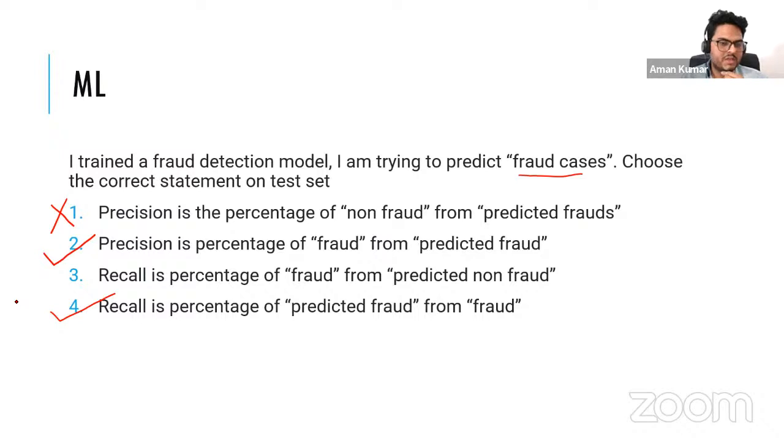3 is correct, Imtiaz is saying, and Imtiaz is saying 4 is incorrect. Okay. So guys, fight between 3 and 4. Which is correct and which is incorrect? Tell me.